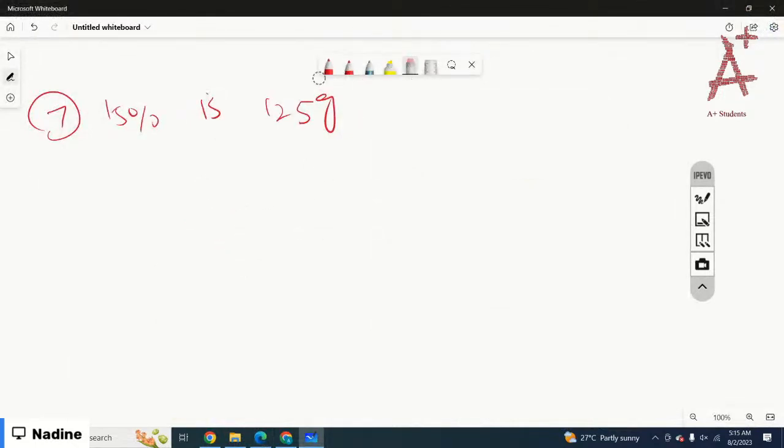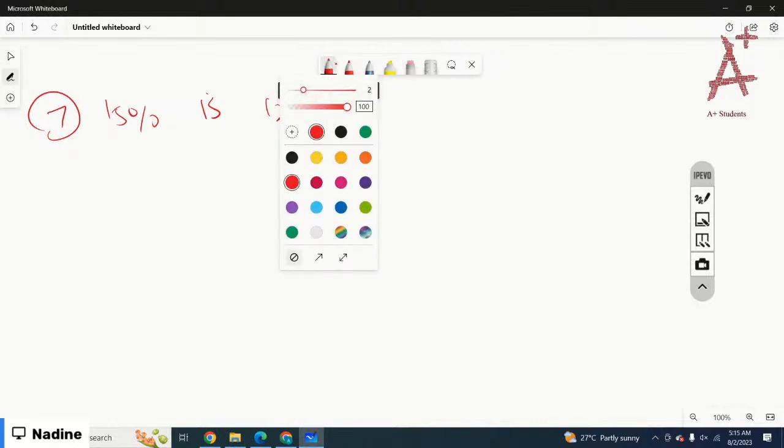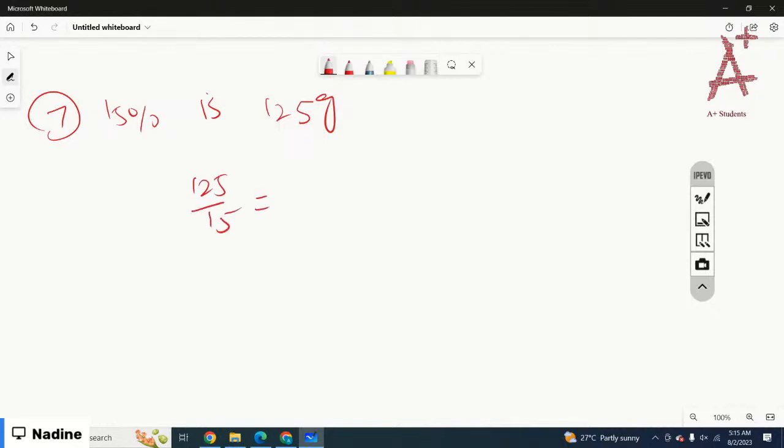You have to do 125 over 15 because you have to calculate 1%. The percent is 15. 125 over 15 would be 8.33. So 1% is 8.33. To calculate 100%, you multiply it by 100, and it would be 833.3 grams, right?